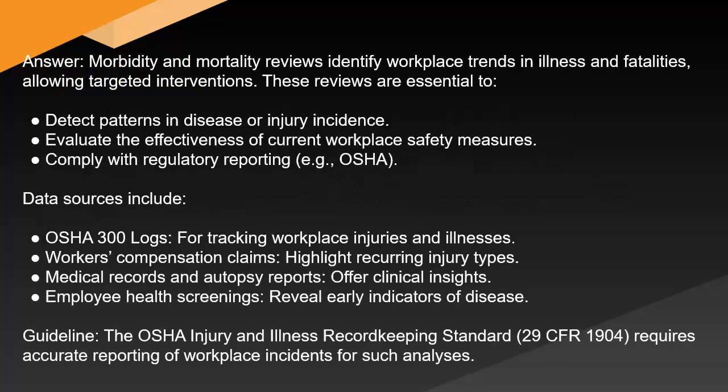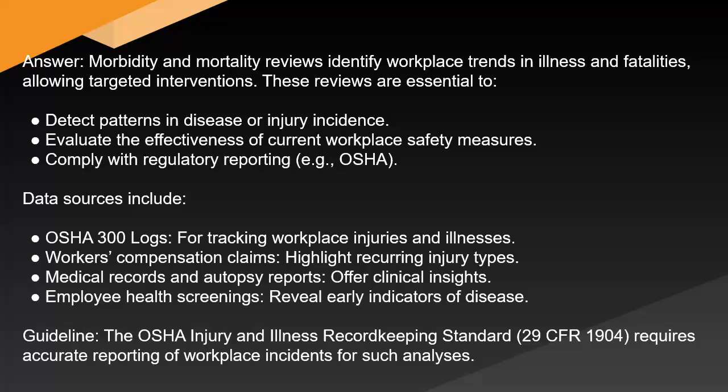Answer: Morbidity and mortality reviews identify workplace trends in illness and fatalities, allowing targeted interventions. These reviews are essential to detect patterns in disease or injury incidents, evaluate the effectiveness of current workplace safety measures, and comply with regulatory reporting, e.g., OSHA.